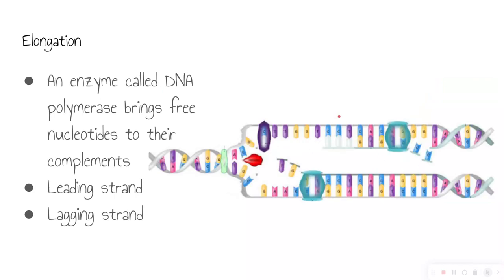After that happens, or while it's happening, we're going to have elongation. And an enzyme called DNA polymerase is going to bring these free nucleotides that are just floating around, it's going to bring them to their complementary bases. So remember, A and T are always going to bind together, and C and G are always going to bind together.